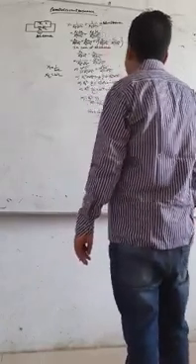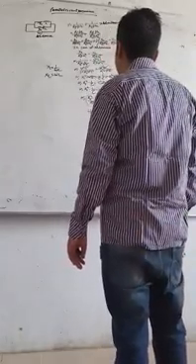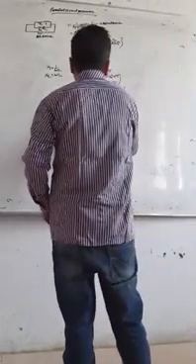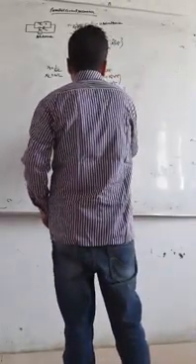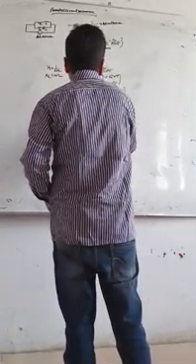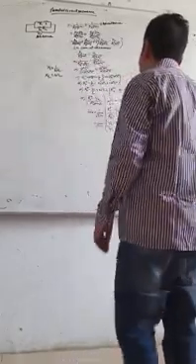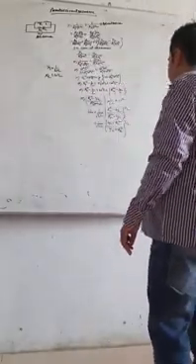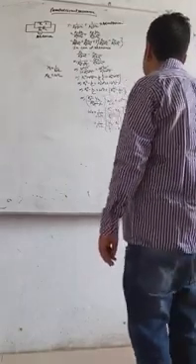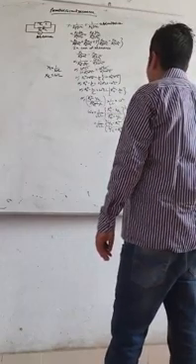Now your final answer is omega square equal to 1 by LC into (R1 square minus L by C) divided by (R2 square minus L by C). So omega 0, your resonance frequency, equals 1 by root LC within bracket (R1 square minus L by C) divided by (R2 square minus L by C) whole to the power half.